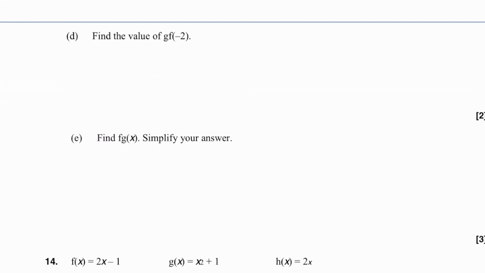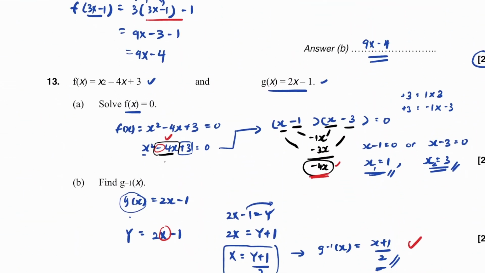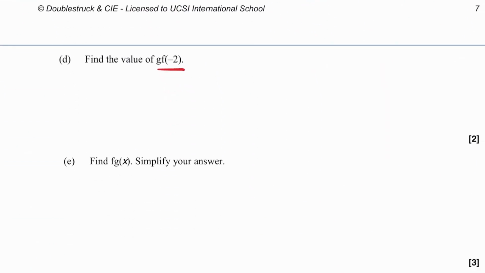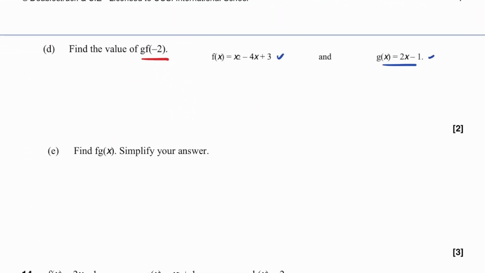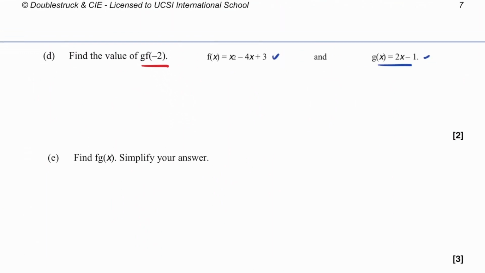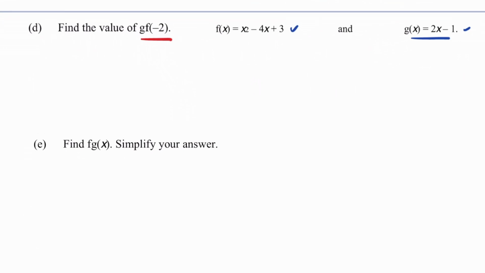For this, again, it's another composite function, g of f of negative 2. Let me just copy this and put it back here, so it's easier for me to look at later. So g of f of negative 2. You need to look at the composite function in this way.